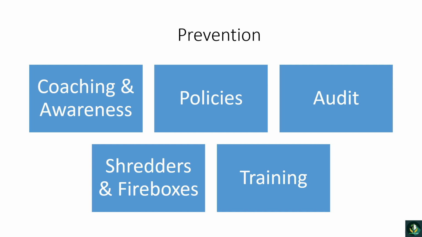Copies of sensitive data, records or personal info should be destroyed before being discarded. Common effective ways of destroying documents include shredders and fireboxes. Staff and people ought to be trained to question the credentials of anyone claiming to be in an authoritative position in the organization.